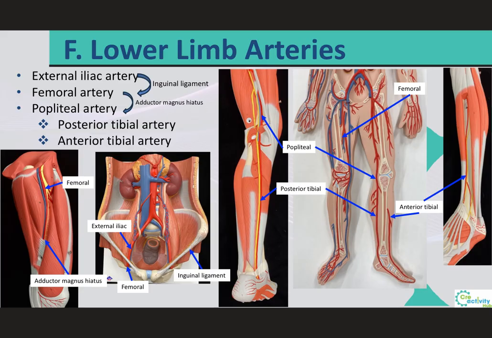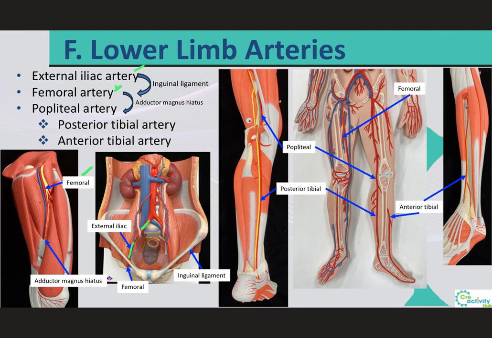And it's important to realize that the first artery of the lower limb is going to be the femoral artery. But this artery is actually a continuation of the external iliac artery, which was a branch off of the common iliac artery.